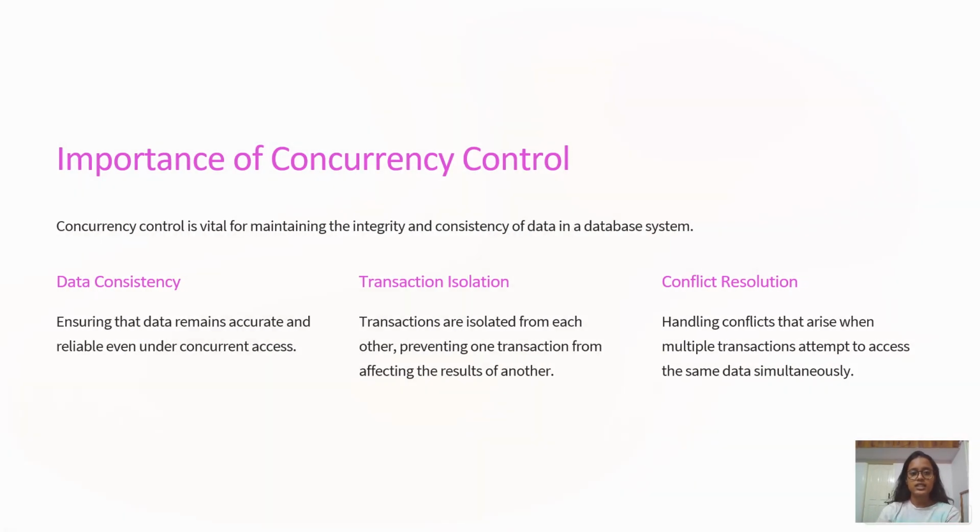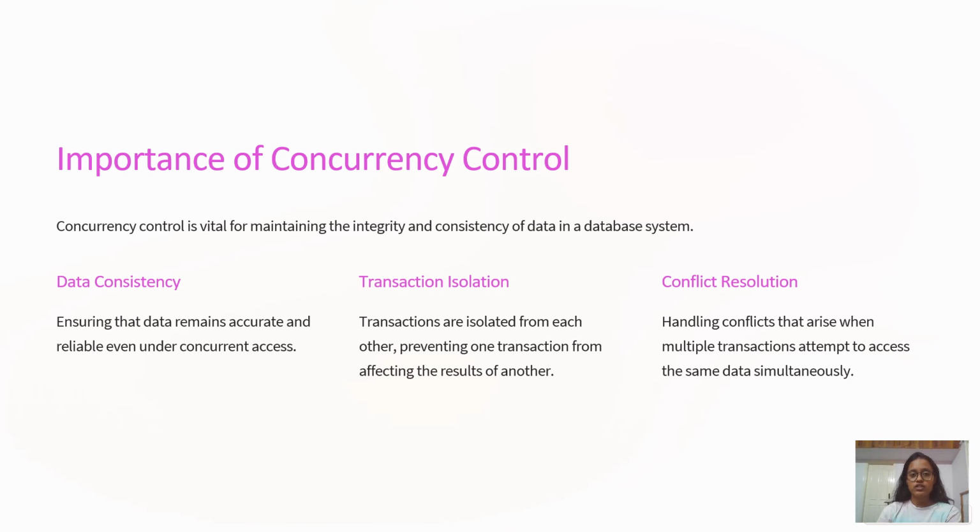So now let us see the importance of concurrency control. Concurrency control is essential for maintaining data consistency and preventing conflicts in a database when multiple users or applications access and modify the data. Without control mechanisms, simultaneous transactions could lead to anomalies like lost updates or dirty reads, where uncommitted data is being accessed.